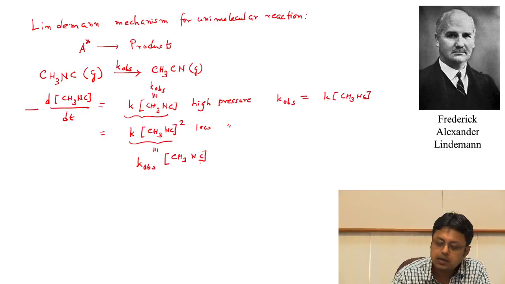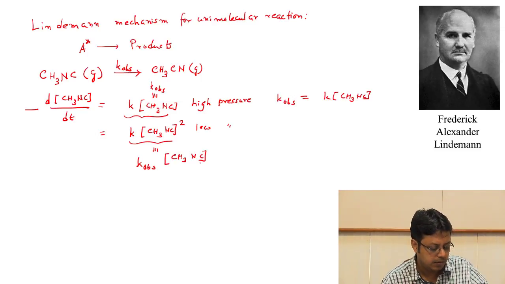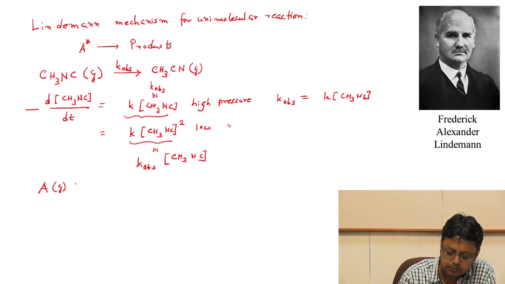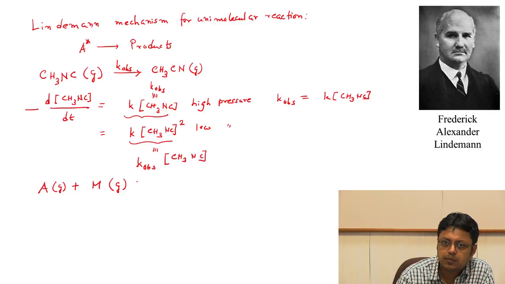Now, to understand the mechanism, Lindemann proposed the following, a similar thing to what we have discussed already. The reactant, say A, first collides with a second gas molecule, which can be the container also, or any other gas molecule, to generate an energized molecule.